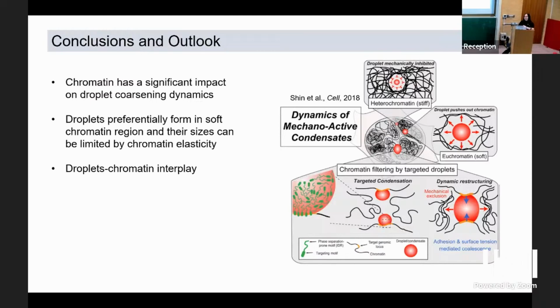I'm not really in the chromatin field. I see that you use Hi-C data to create these chromatin models. Are they dynamically also correct? This is why we start.